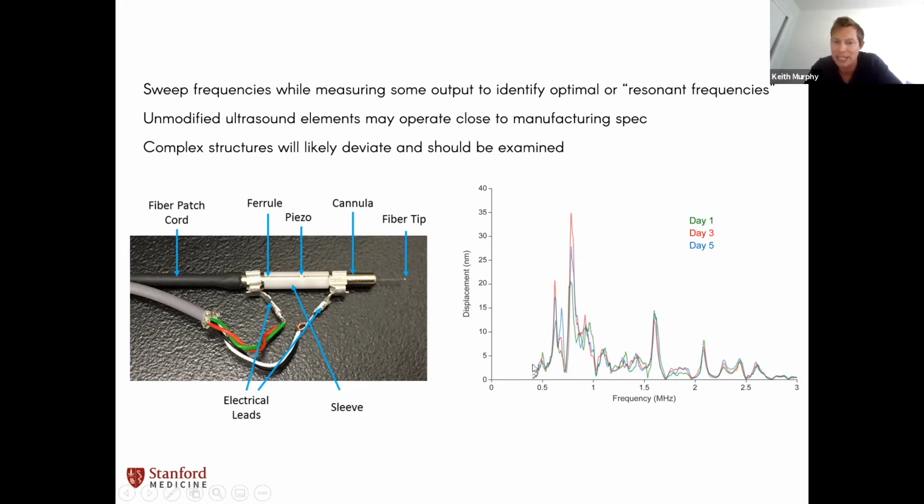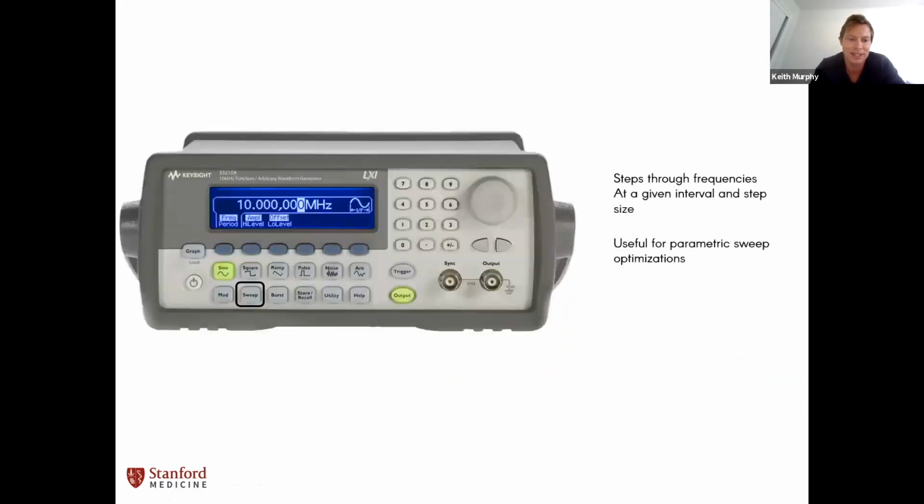So now I'm able to optimize by just looking at this output what my best frequency would be. Here you can see that it happens at about 0.7, 0.8 megahertz. And I did this little multi-day experiment to figure out if I could reassemble this and see if the signal was still stable. So I hope everyone appreciates frequency sweeping, and Kim mentioned it's used for a ton of other things.